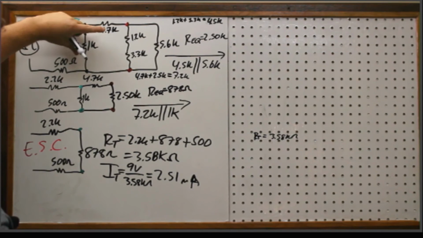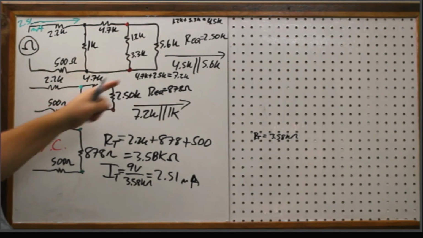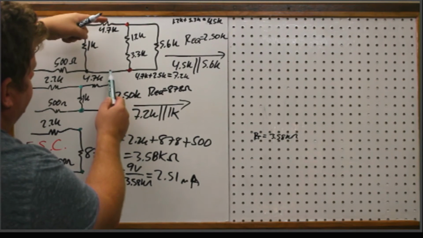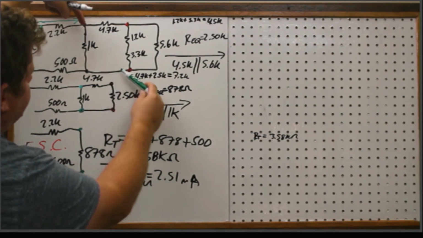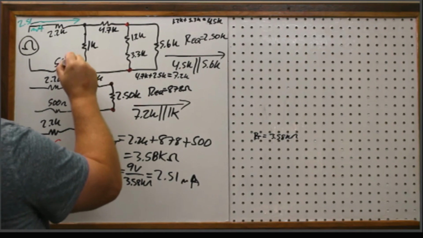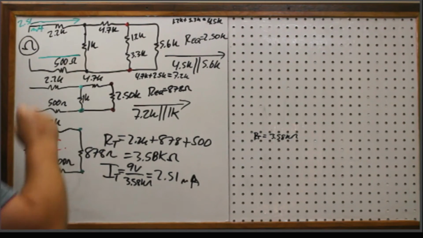Okay, now we know what happens, right? It breaks up here. This portion up here breaks out here, and then what happens when it comes back, right? These two come back together so this current down here equals this current up here, right? And then these two come back together for the total. So through the 500, I know what that current is as well, because all of this is in series with the source, okay?